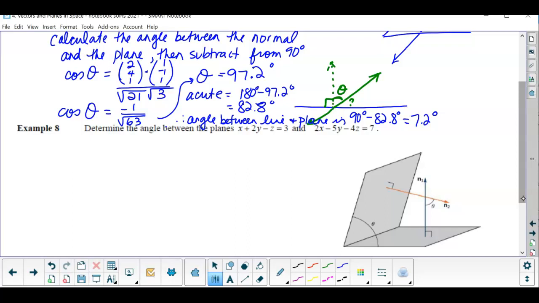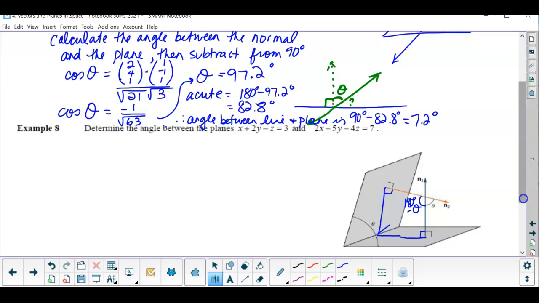These intersect, okay, and this angle here is the same as this angle here. How does that work? Well, if you were to join this up here, you make a quadrilateral there. This one's 180 minus theta, okay?